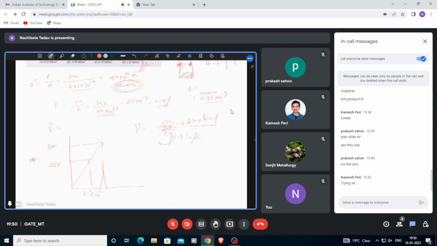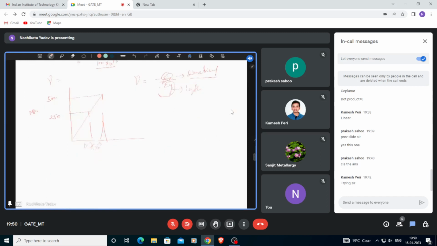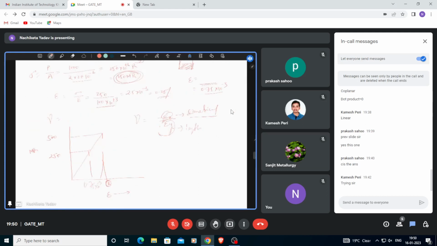So here, suppose this is strain. Suppose the strain is x. Here this amount we know. So from this triangle, we can find out the x value. What is the x value? It means strain at yielding, at yield.